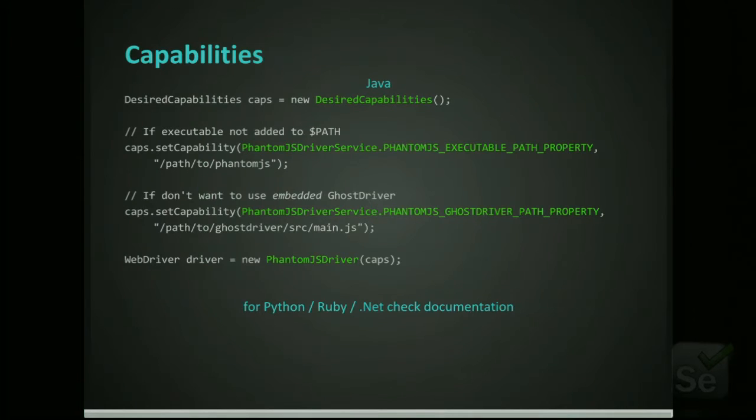Those two, for example, allow you to set the path to where your Foundation.js executable is and the path to the GhostDriver main script. The second one, I reiterate, is in case you want to modify GhostDriver yourself, you can just set the capability and point to a directory where you have downloaded the source code and then go nuts. But please, if you fix a bug, send it back.